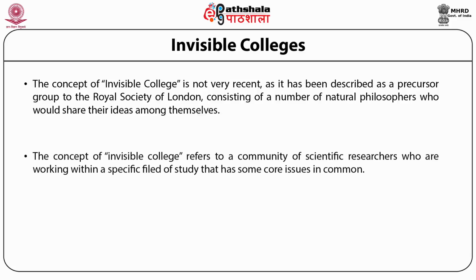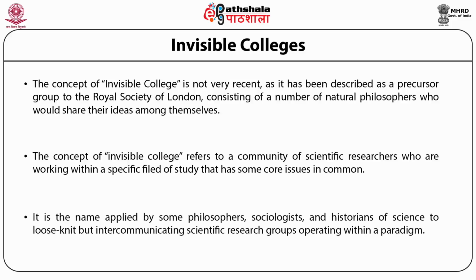The concept of invisible college refers to a community of scientific researchers who are working within a specific field of study that has some core issues in common. It is the name applied by some philosophers, sociologists, and historians of science to loose-knit but intercommunicating scientific research groups operating within a paradigm.